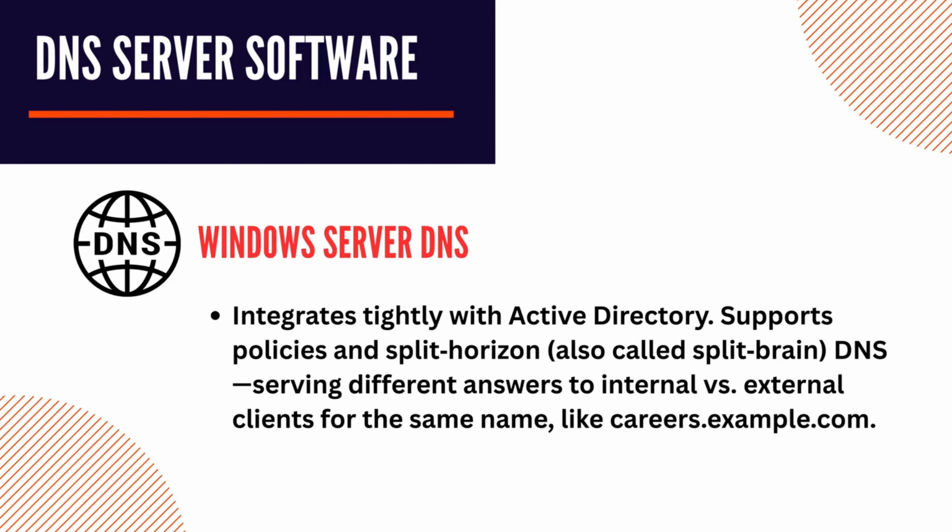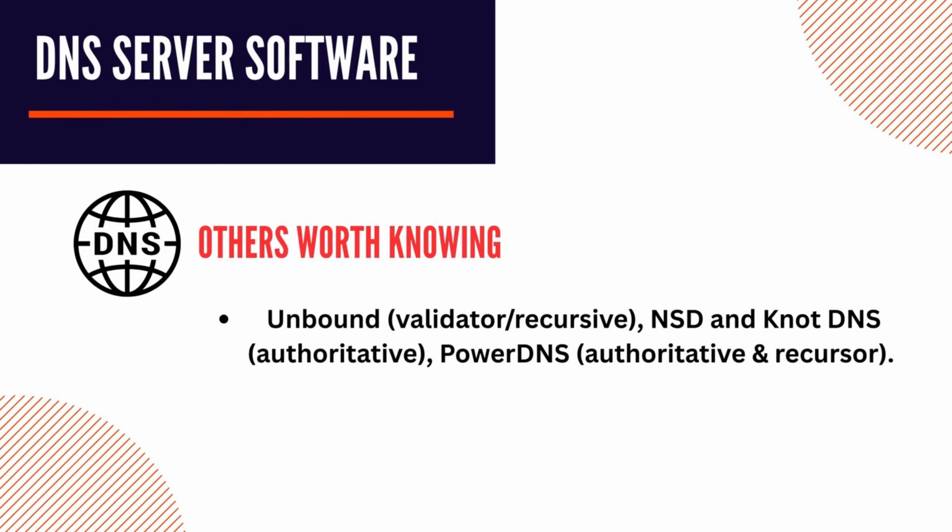Windows Server DNS integrates tightly with Active Directory. Supports policy and split horizon, also called split brain: DNS serving different answers to internal versus external clients for the same name. Others worth knowing: Unbound, a validating recursive resolver, NSD, Knot DNS, and PowerDNS.